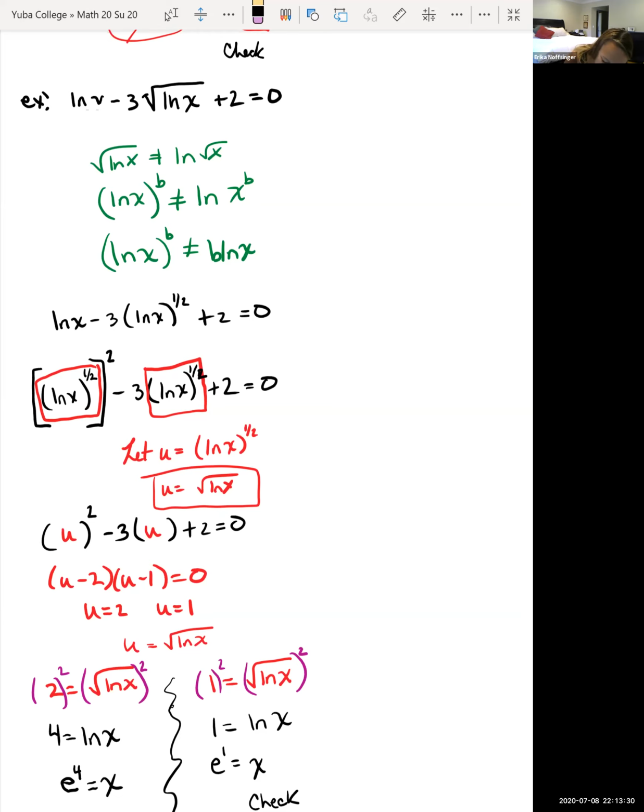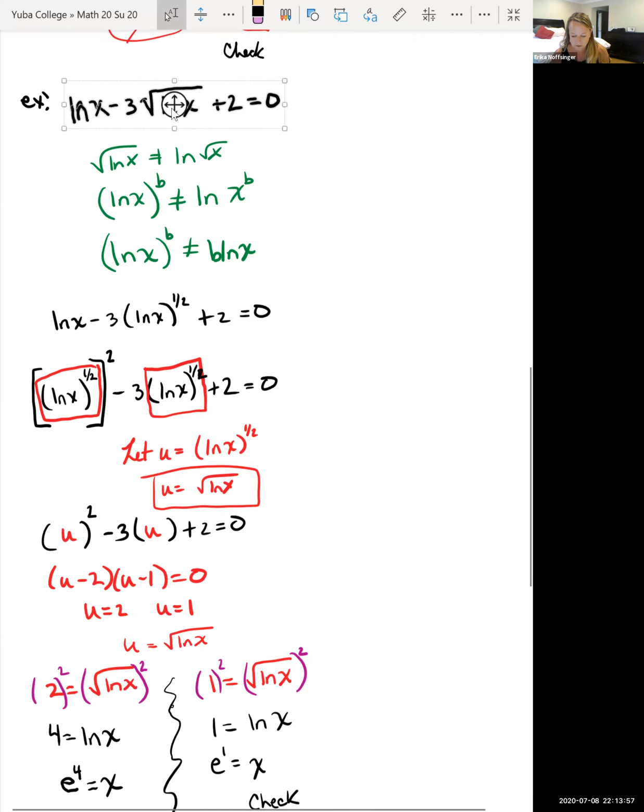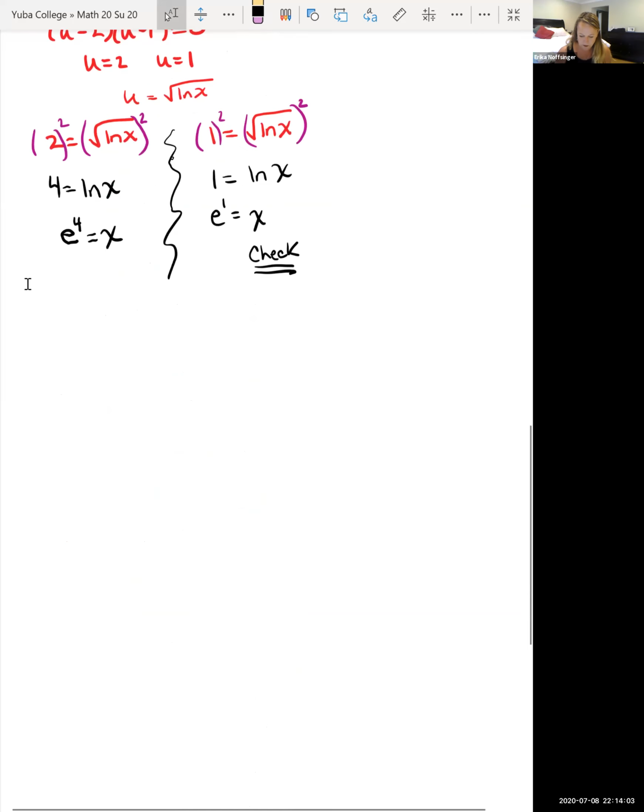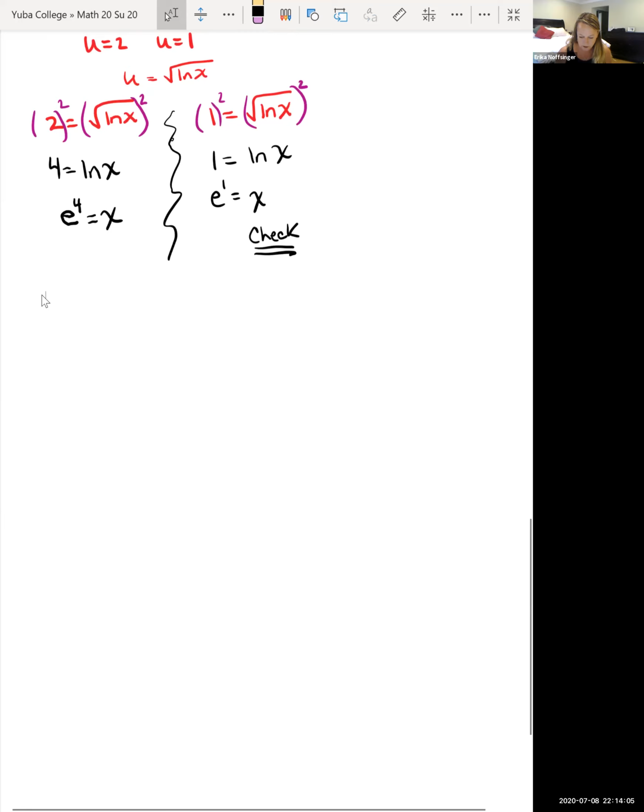That's not what I want. Wrong button. Yay.